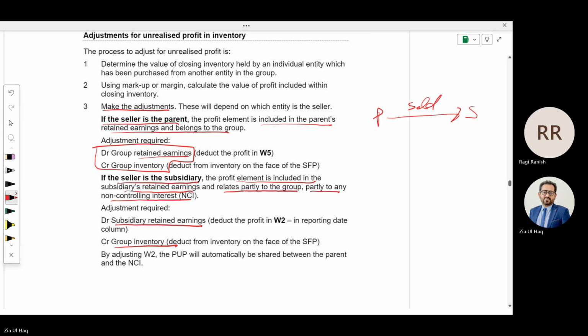But there is a part of non-controlling interest as well. A subsidiary sold to the parent company. The other investor will say, you sold to the parent company, so give us our profit part.